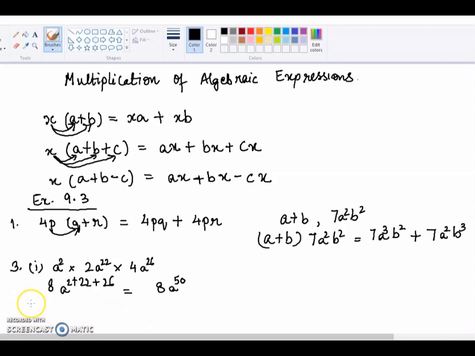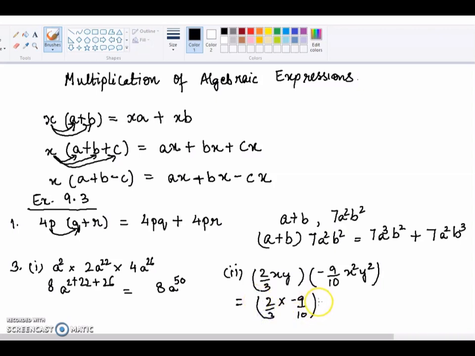And the second part also I will solve. Second part is 2 by 3 xy. This is the first term. Second term is minus 9 by 10 x square y square. So you can write this separately like this: 2 by 3 into minus 9 by 10.